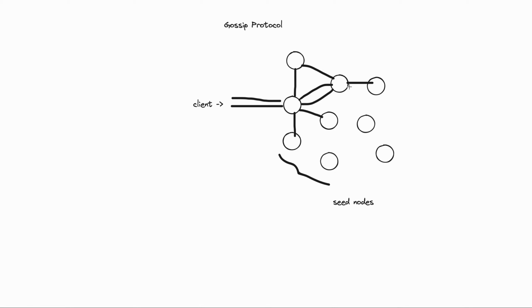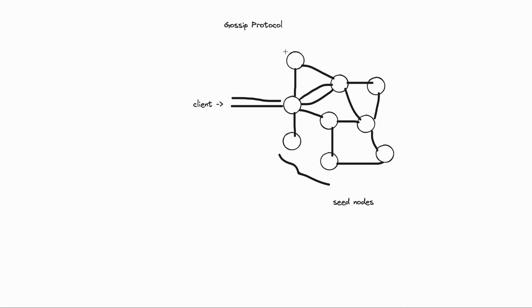In the same way, this one sends heartbeats to these nodes. So each node sends heartbeats to other nodes, so they know about each other. They share some information, such as the IP address and some extra metadata that the node contains.